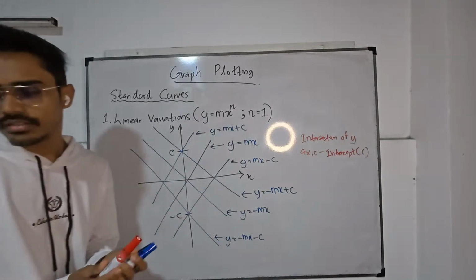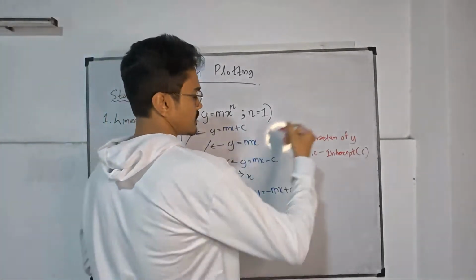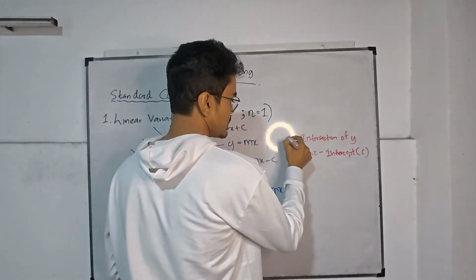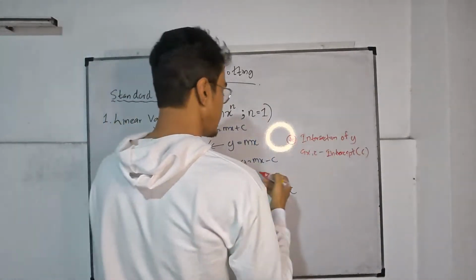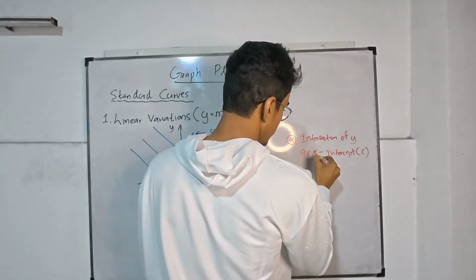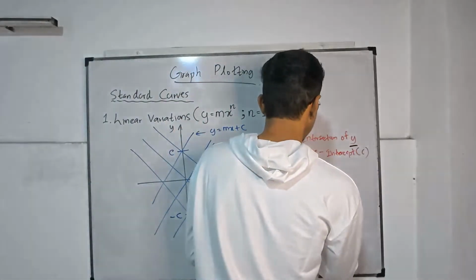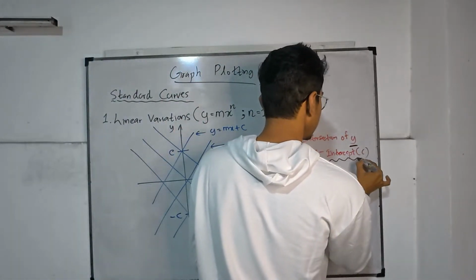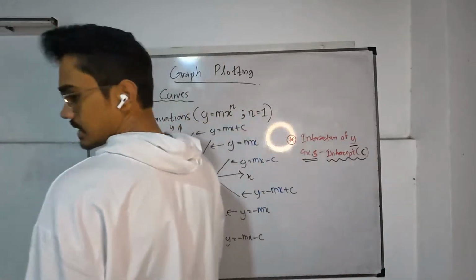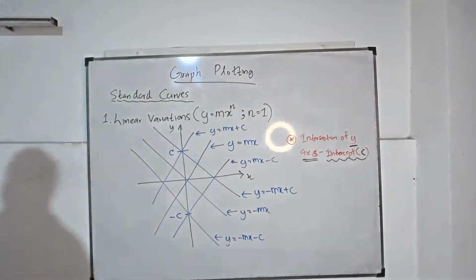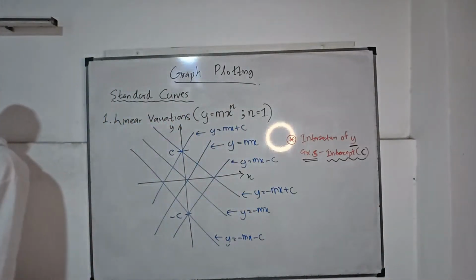And if anyone doesn't know what intercept is, this is the intercept. Intersection of the y-axis is called the intercept, and that is denoted by c. Okay, take down quickly.